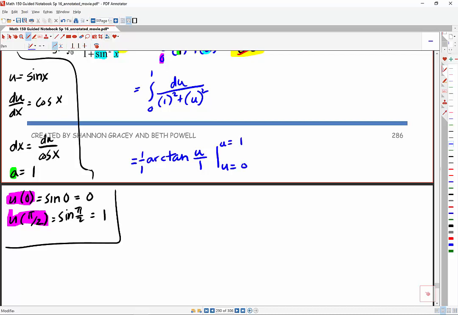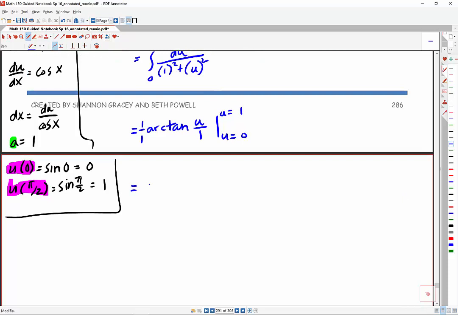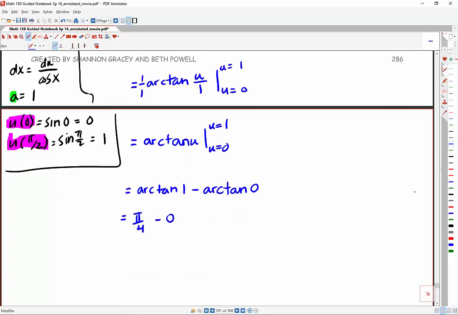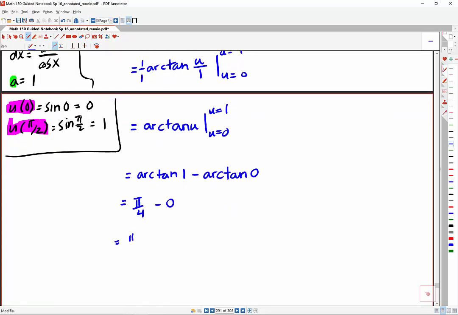Cleaning it up, we'll have arctangent of u, evaluated from u equal to 0 to u equal to 1, which gives us arctangent of 1 minus arctangent of 0, which is pi over 4 minus 0, which is pi over 4, and we are done.